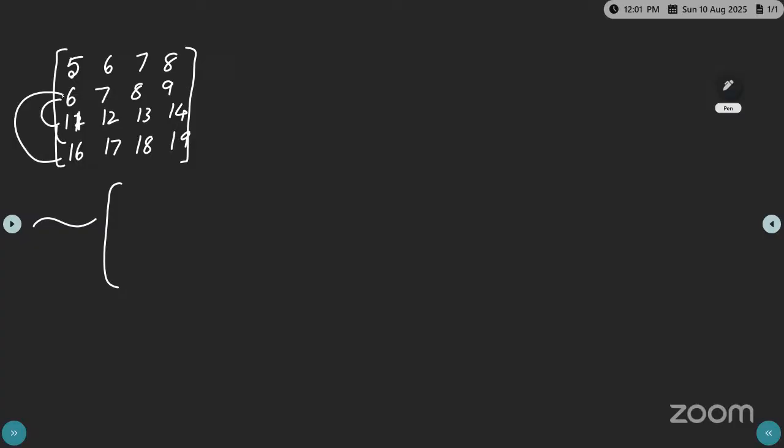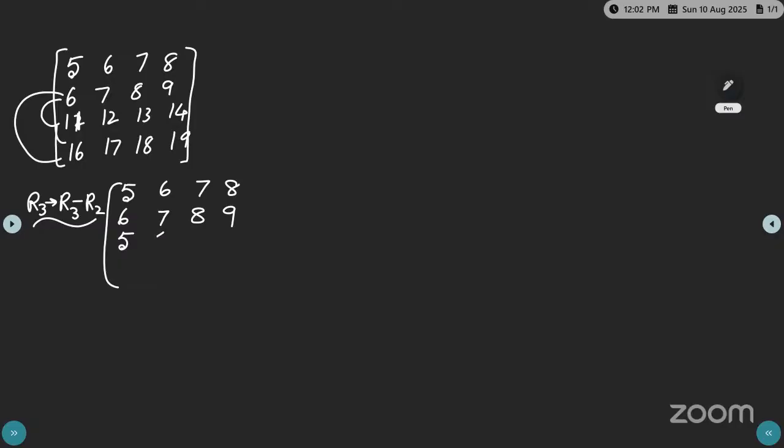So R3 implies R3 minus R2. Rows 5, 6, 7, 8 and 6, 7, 8, 9. R3 minus R2: 11 minus 6 is 5.